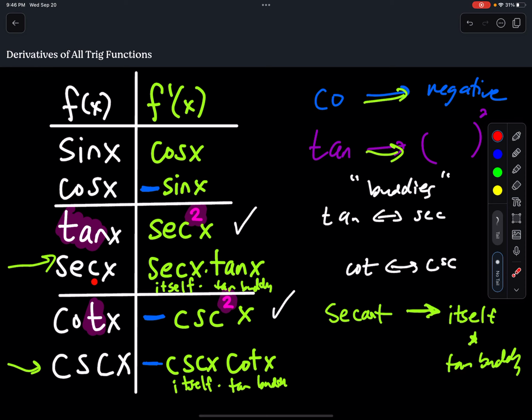Anytime you take the derivative of secant, you have itself times its respective tangent buddy. Also, again, if it's a co, the result is negative. So this might sound weird, but I want the tangent buddies in your head. Practice writing this table over and over again until it is tattooed in your brain.